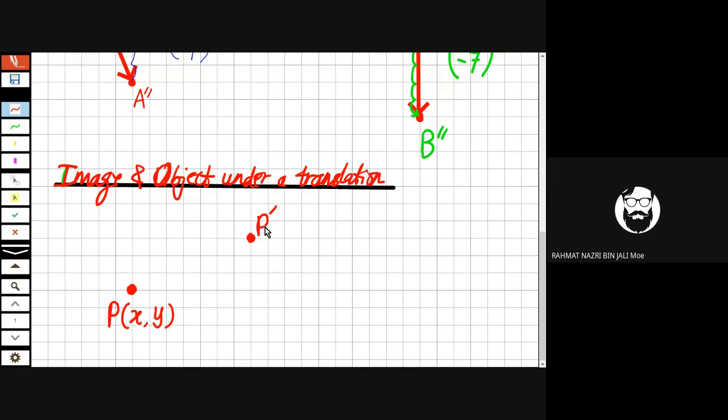The coordinate for the image we can determine by x. X will refer to the value here, plus with the movement to the right.